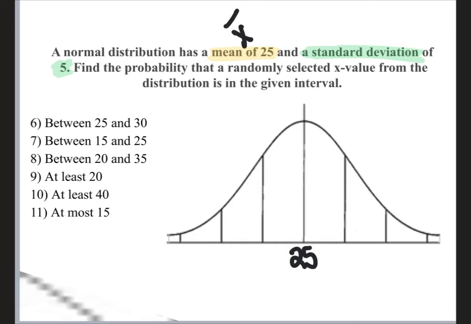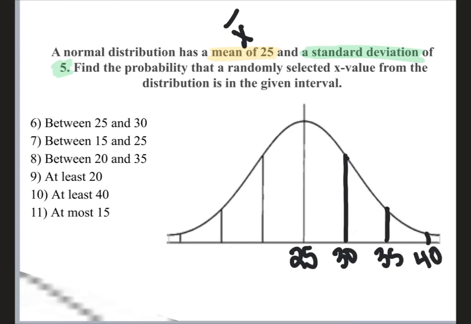So to set up my normal curve, I'm going to take 25, I'm going to add 5 to get my next line. 25 plus 5 is 30. I'm going to add 5 more to get 35, add 5 more to get 40.